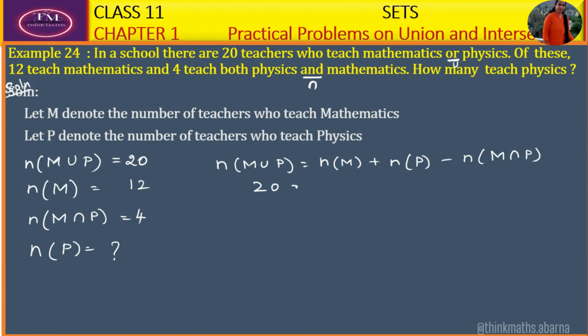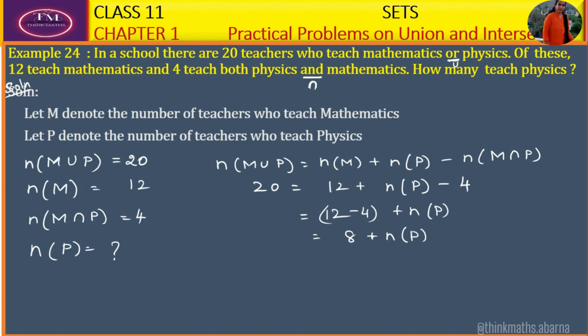So 20 equals n of M which is 12, plus n of P, which we need to find out, minus n of M intersection P which is 4. Now it is 12 minus 4 plus n of P. What is 12 minus 4? It is 8. So 8 plus n of P.